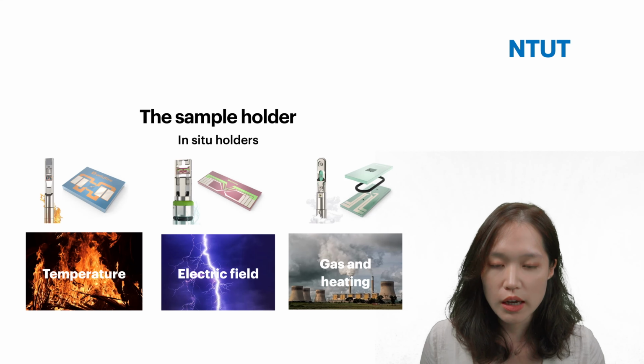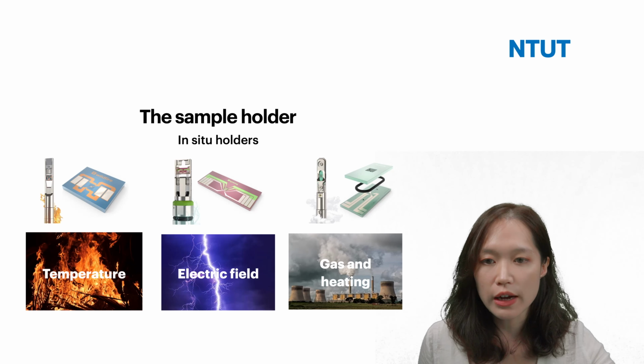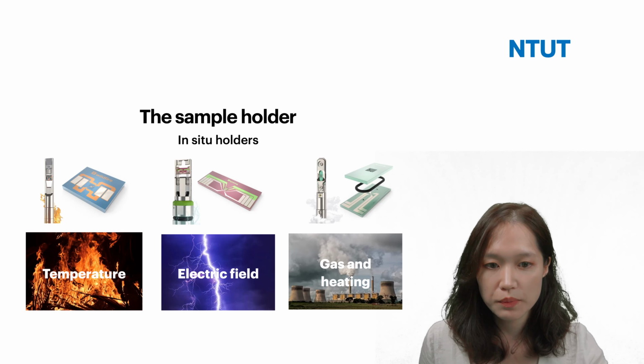This is particularly of interest since nowadays we have been facing the human society challenges of energy crisis and environmental protection. So for things like nanotechnology or nanomembranes, these sorts of in situ holders are very useful for us to understand how the gas or the volatiles or the environmental pollutions are reacting with a catalyst. Okay.